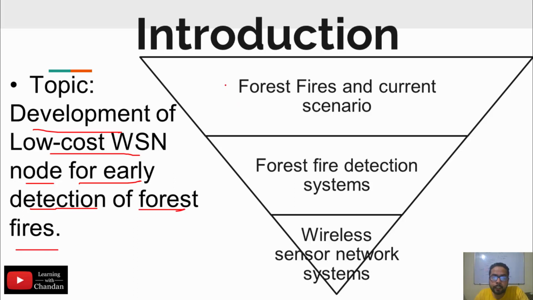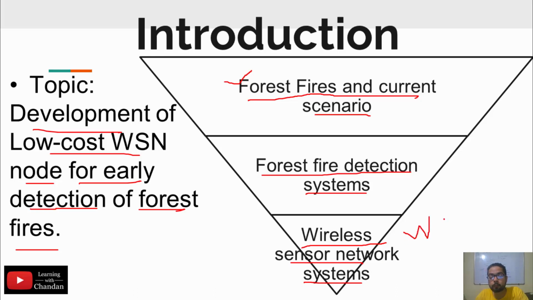So in the initial stage I will write about the forest fires and what is the current scenario of those in the first paragraph. Then I will write basic things about the forest fire detection systems. Cool. Then I am going to talk about the wireless sensor network systems, and then finally I will talk about the wireless sensor network systems for forest fire detection.